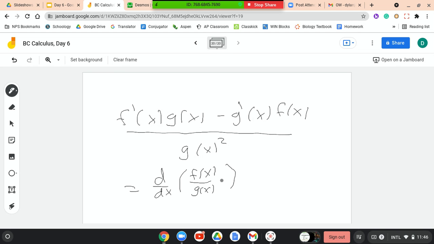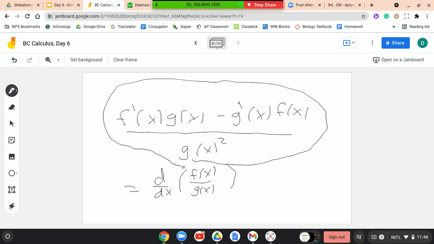It tells us the derivative of f of x over g of x is this. And we just showed why that's true. Yet again, you don't have to remember the process. I just hope you now understand why the quotient rule is valid.